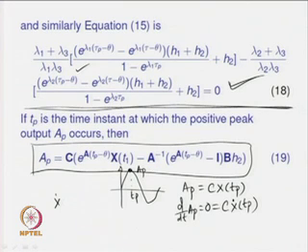So, Ap, what is Ap? Ap is C times e to the power A (Tp minus theta) times x(t1) minus A inverse e to the power A (Tp minus theta) minus I times B h2.